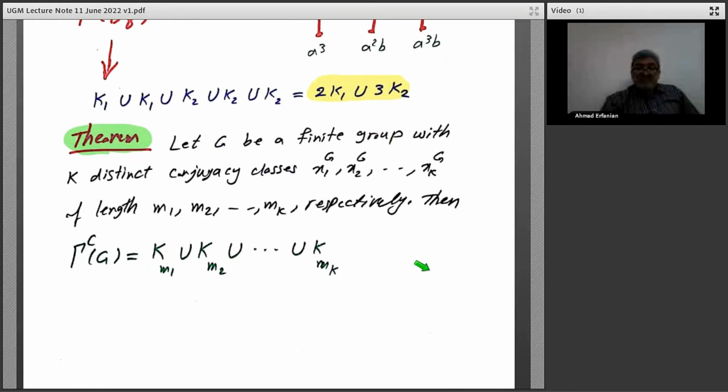So we may denote the above conjugate graph: we have 2 isolated vertices, so we denote by 2K1, and we have 3 edges, 3K2, so this is the union of 2K1 and 3K2.